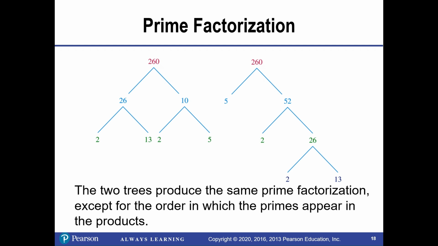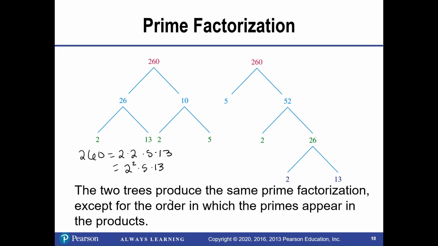Now, something that you should notice is that these two factor trees look different, but they produce the exact same prime factorization, because I would think of 260 in this case as 260 equals 2 times 2 times 5 times 13, or 2 squared times 5 times 13.